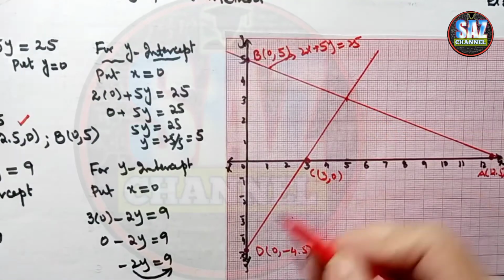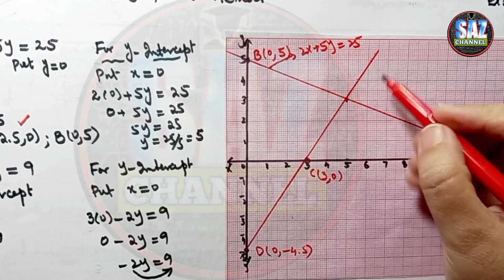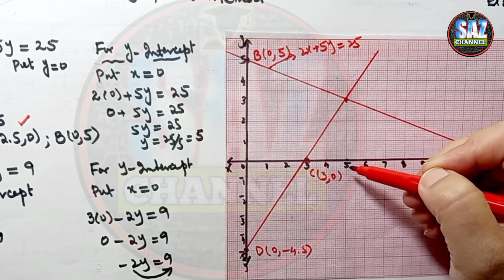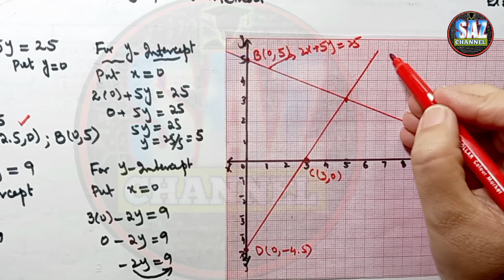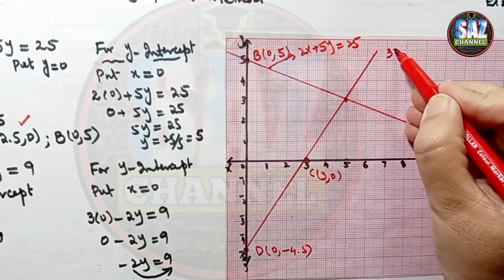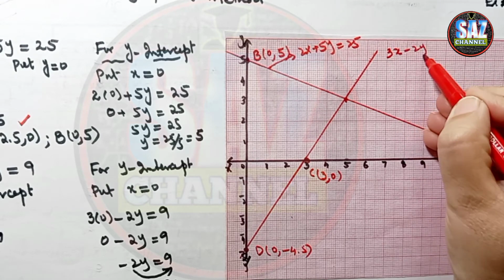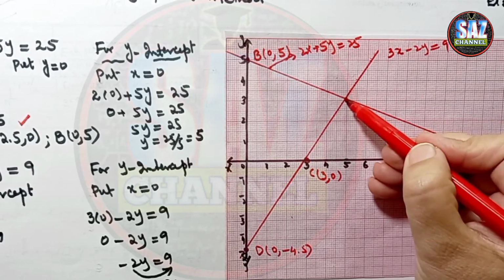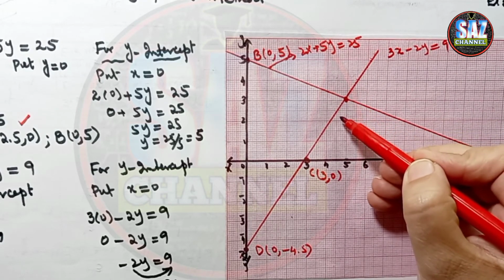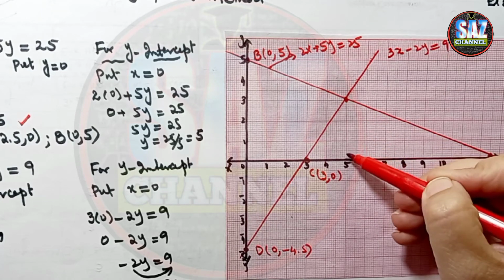Now we have to see at what point both the lines are cutting or meeting each other. That will be the intersection point, or the solution. This is the line for 3x minus 2y equals 9. If we look at the graph carefully, we can see that this is the point where both the lines are meeting each other.